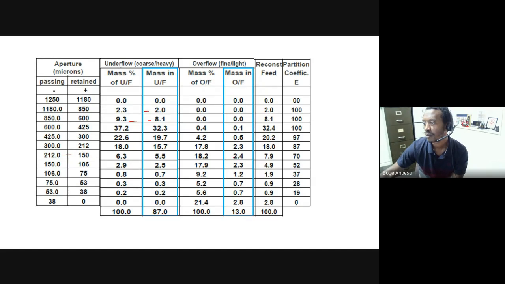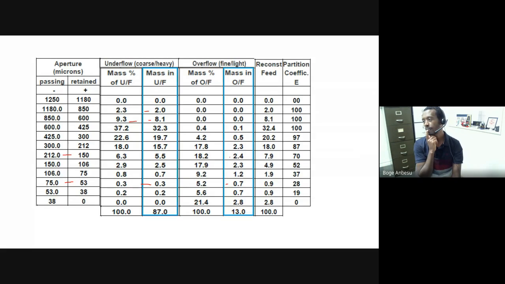በተመሳሳይ ደግሞ 2.4 ቶን ፐር አወር ወደ ኦቨርፍሎ ሄዷል ለዚህ ሳይዝ ፍራክሽን። ኦኬ ሶ ዊ ዱ ዘ ሴም። ለምሳሌ ይሄን ሳይዝ ፍራክሽን ብንወስድ እና ኦፕሬሽኑ 100 ቶን ፐር አወር ቢሆን ከዛ ውስጥ 0.3 ቶን ፐር አወር ቢሎንግ የሚያደርገው አንደርፍሎ የሄደው እዚህ ሳይዝ ፍራክሽን ውስጥ ያለው ነው። በተመሳሳይ ደግሞ ይሄ ሳይዝ ፍራክሽን በኦቨርፍሎ የሄደው 0.7 ቶን ፐር አወር ነው። ስለዚህ ያወራን ያለ ነው ኢንዲቪጁዋል ሳይዝ ፍራክሽንስ going to underflow and overflow.